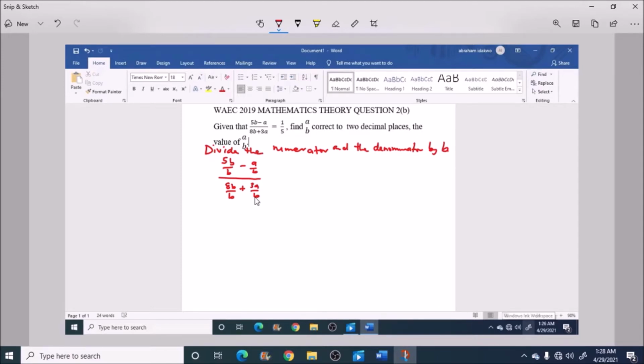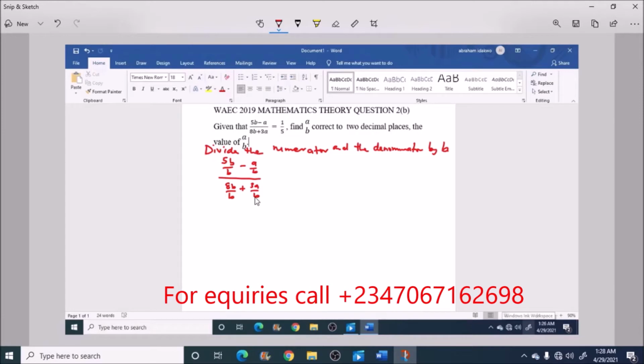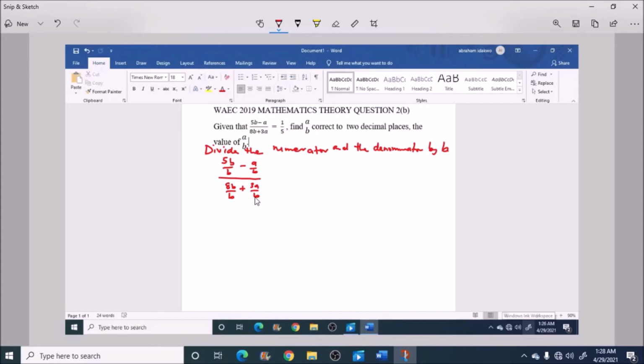Okay, so that means we have 5 minus a over b, put this in bracket, over 8 plus 3 a over b, everything is equal to 1 over 5.